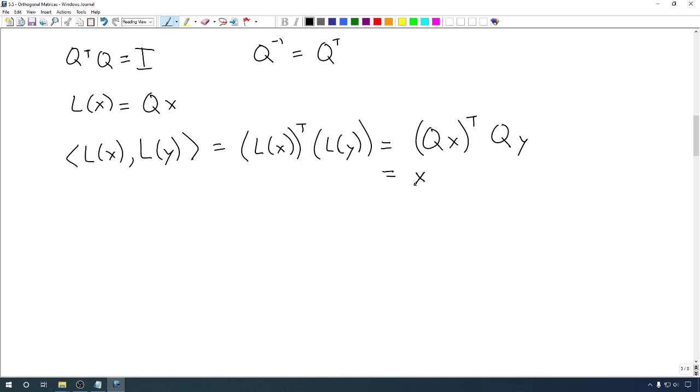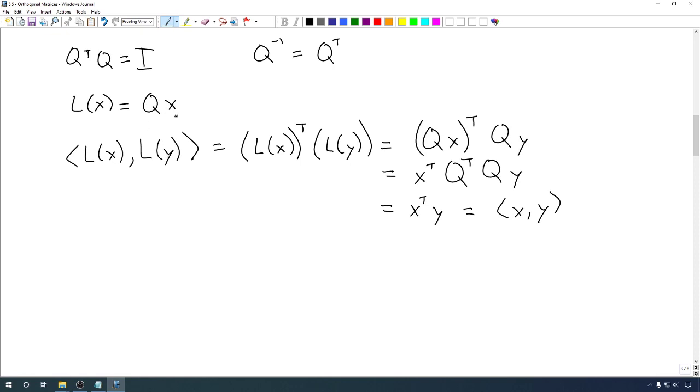We know that we can take those matrices, swap the order, and just put the transpose on those. But now we have Q transpose Q. Q transpose Q is the identity. We saw that just a minute ago. So this is really just x transpose y, which is just the inner product of x and y.